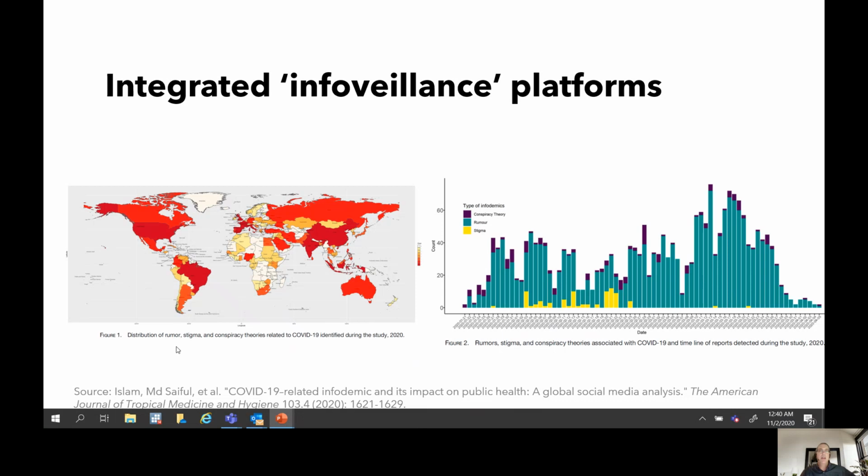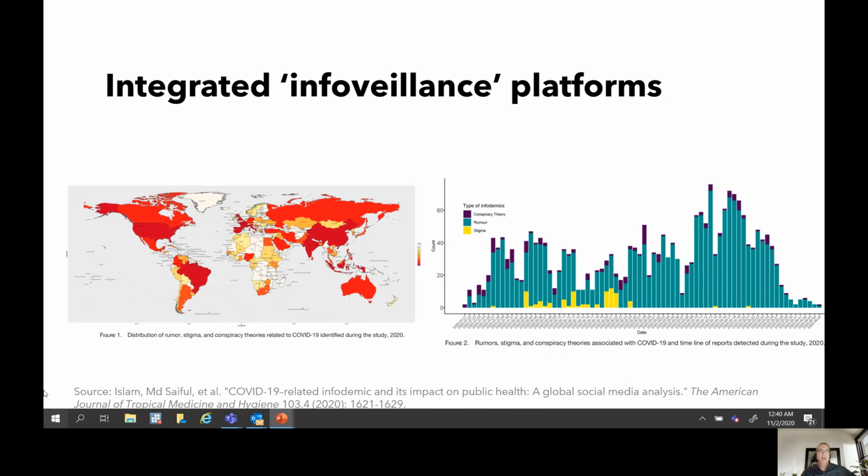And the same thing can be applied and has been applied to infodemic measures, such as the distribution of rumor, stigma, conspiracy theories, and how it's distributed across countries in the globe. And then also how rumors, stigma, and conspiracy theories associated with COVID-19 are distributed as a function of time as well. And these are really similar paradigms to what we were looking at earlier with public health surveillance.